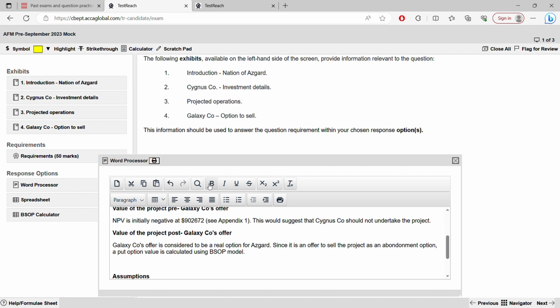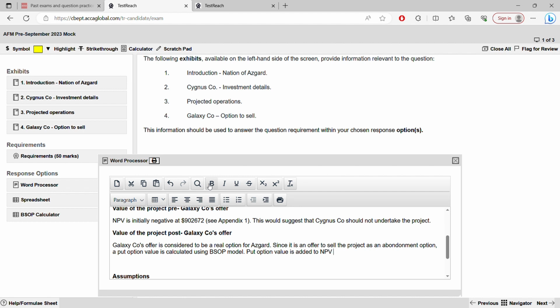Okay. So what you have done, you have added the put option to the net present value. You have to write that. Put option value is added to net present value. Okay.